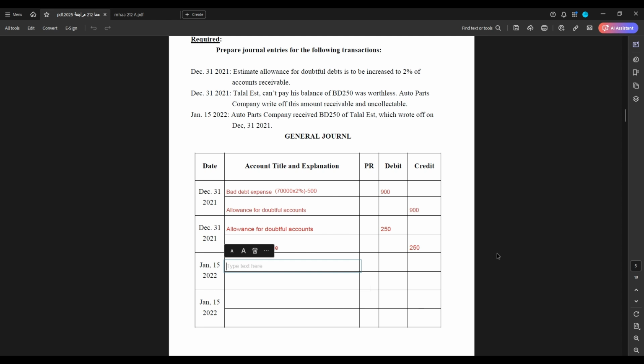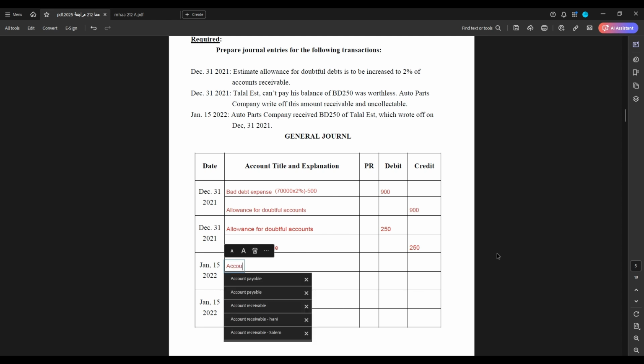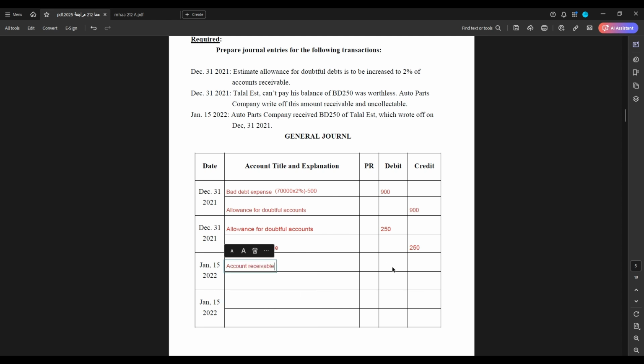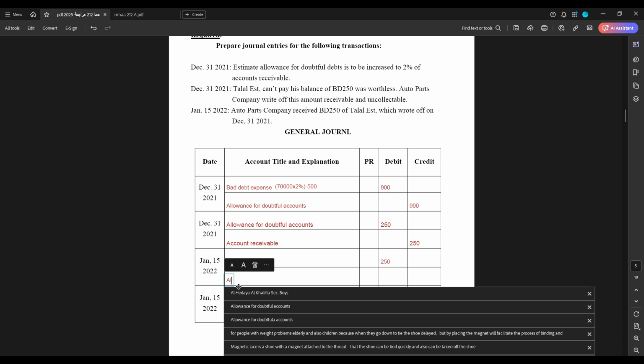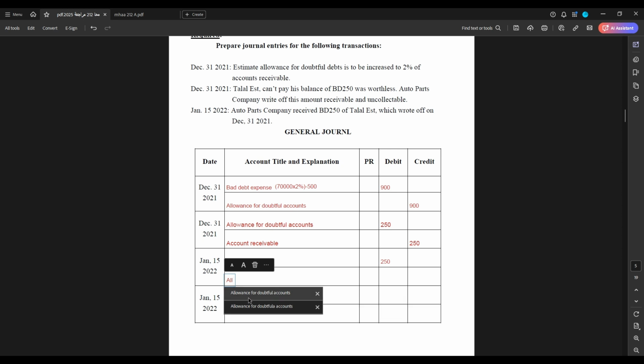The first entry is to reopen the account: debit accounts receivable 250 and credit allowance for doubtful accounts 250.